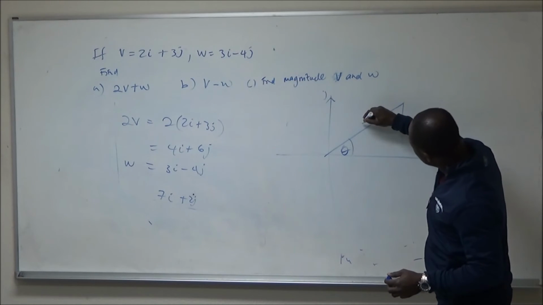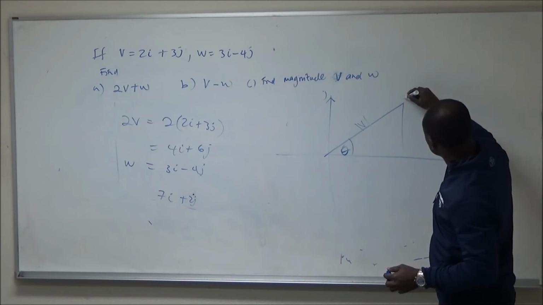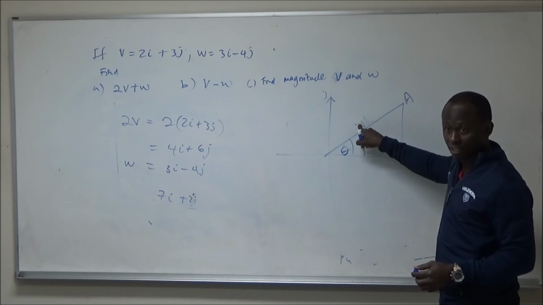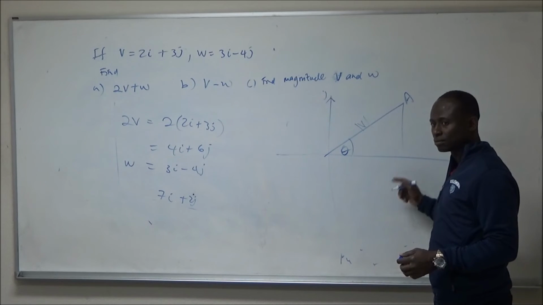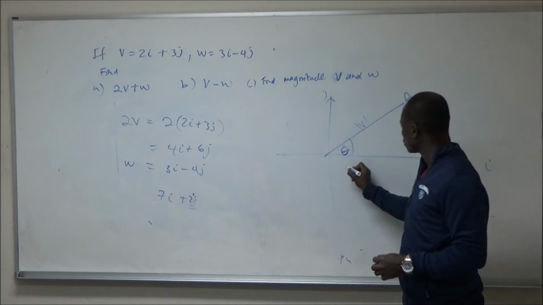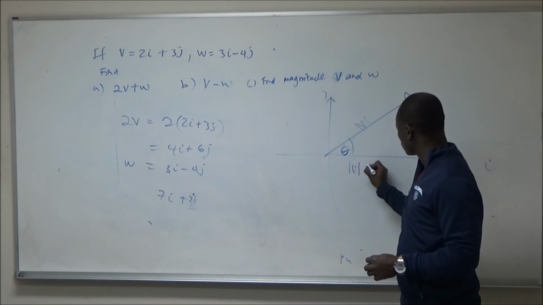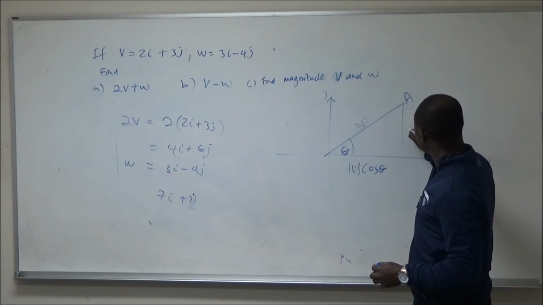If I know that the magnitude of this line OA is V, what is the x component? The x component is going to be what? V magnitude cosine of what? Theta, right? What is the y component?